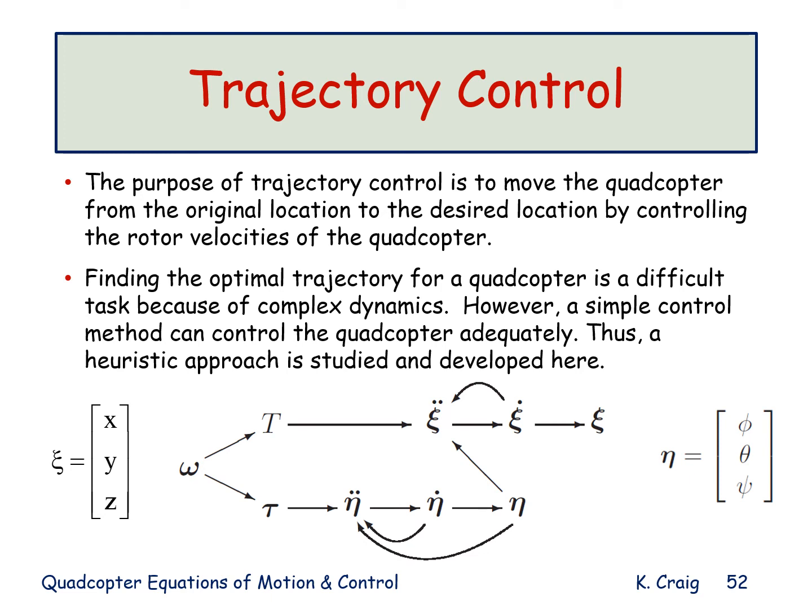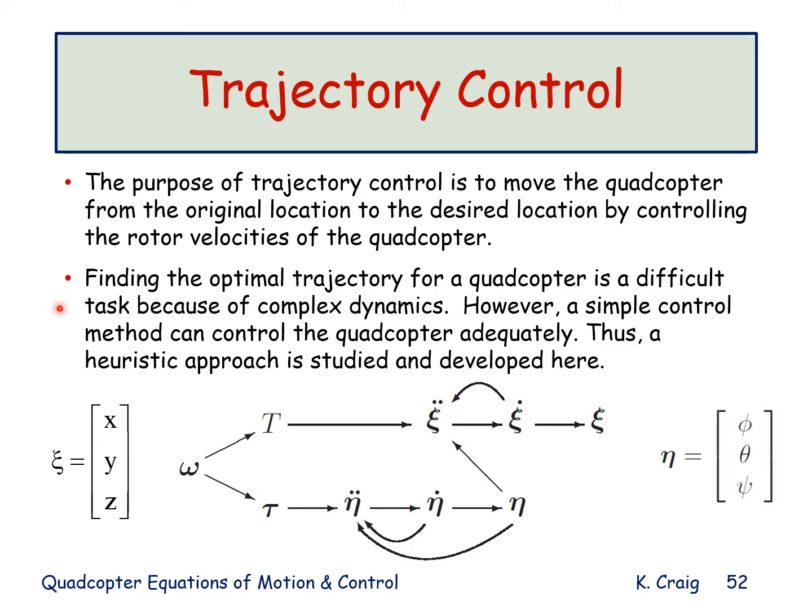Let's now address the issue of trajectory control, and we'll work to have the drone track a square trajectory in XY space. The purpose of trajectory control is to move the quadcopter from the original location to the desired location by controlling the rotor velocities of the quadcopter.